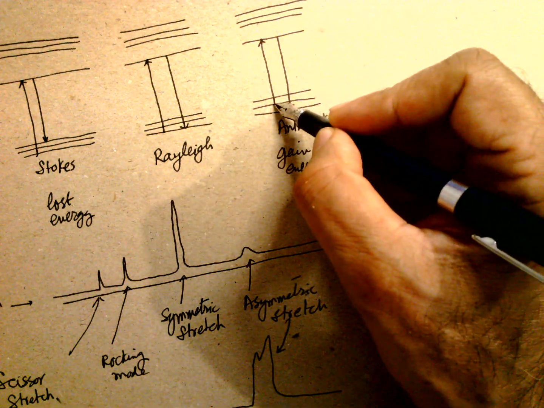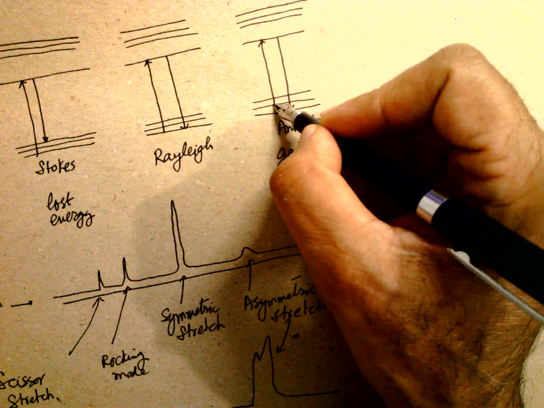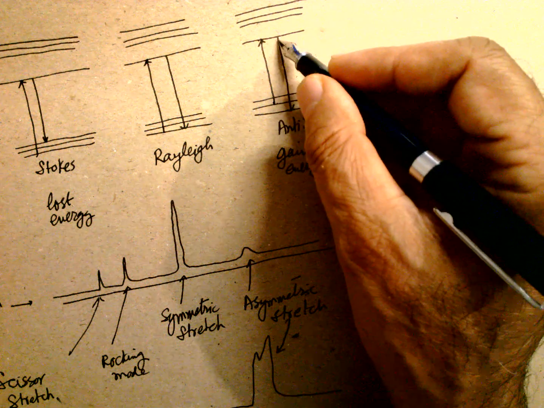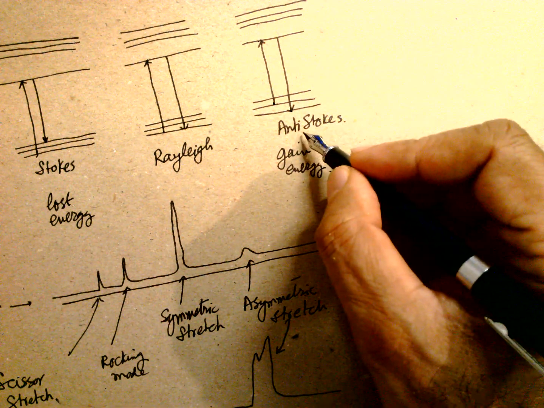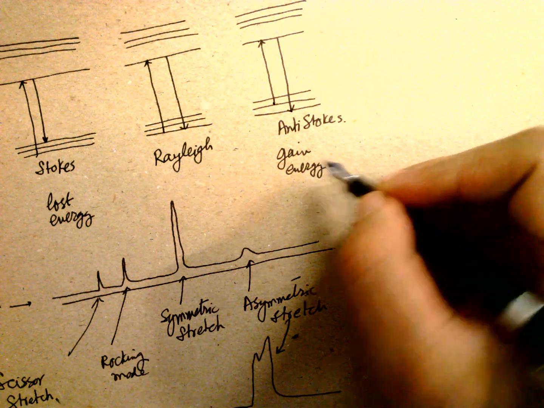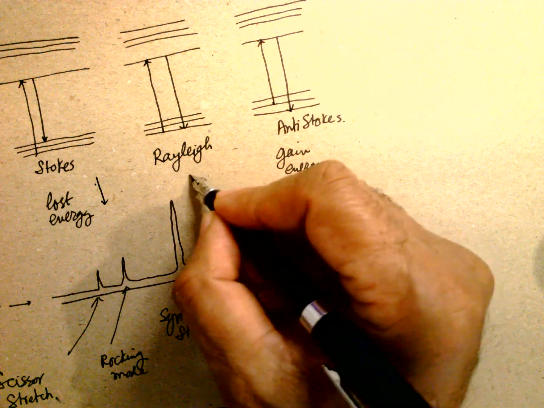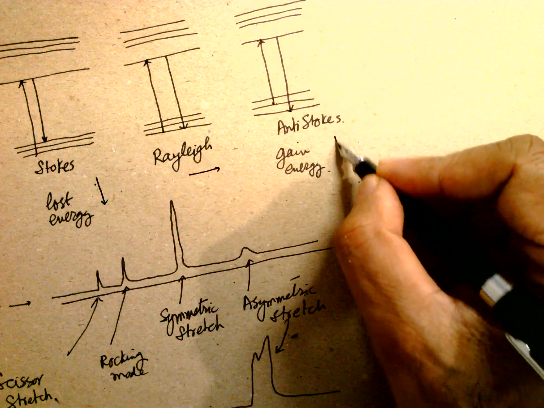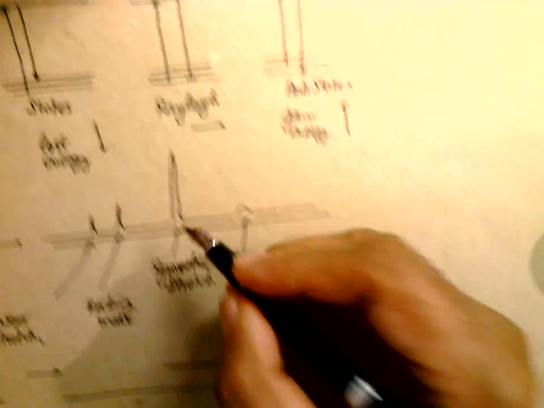And this is going from one vibration state to the upper level, and then coming to the more ground state. So this is anti-Stokes, this is a gain of energy. So this is less energy, this is the same energy, and this is more energy.